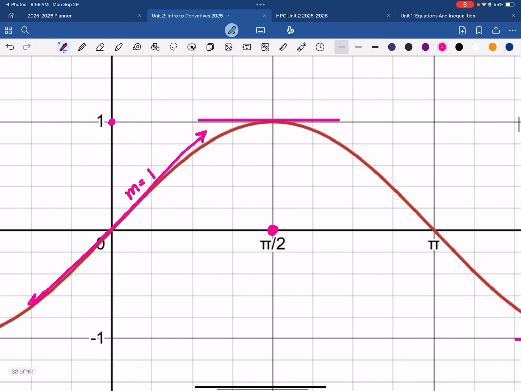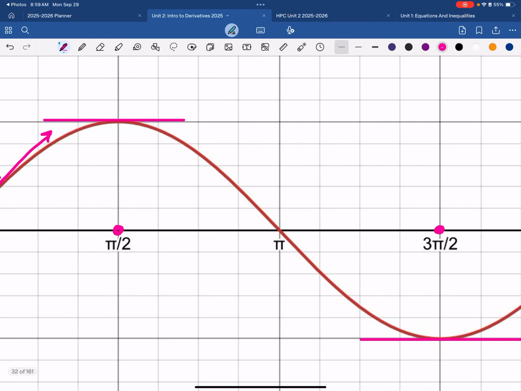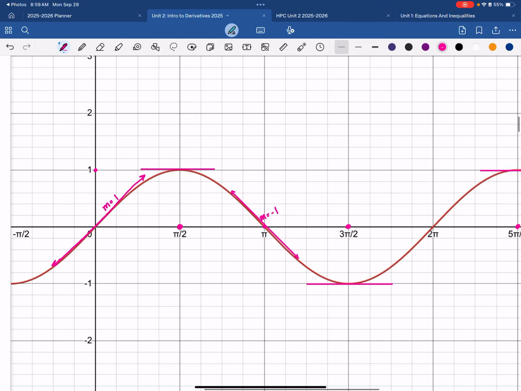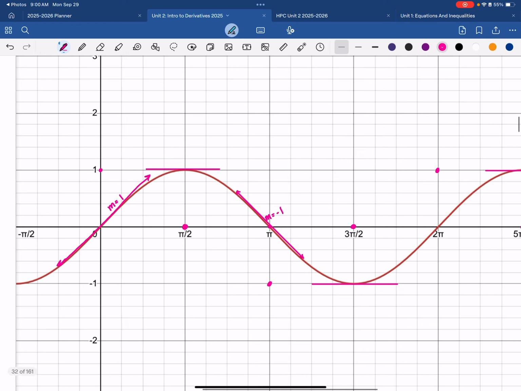And then conversely at pi, the slope of the tangent line when x equals pi is going to be -1. And that continues on at all of those key values. So now I have 1, I'm going down to -1, then I'm going back up to 1 at 2 pi. And you'll notice that these are some key values that are very true for cosine.